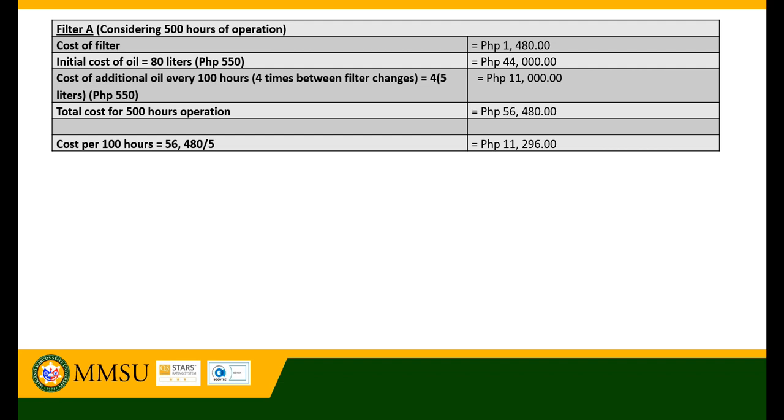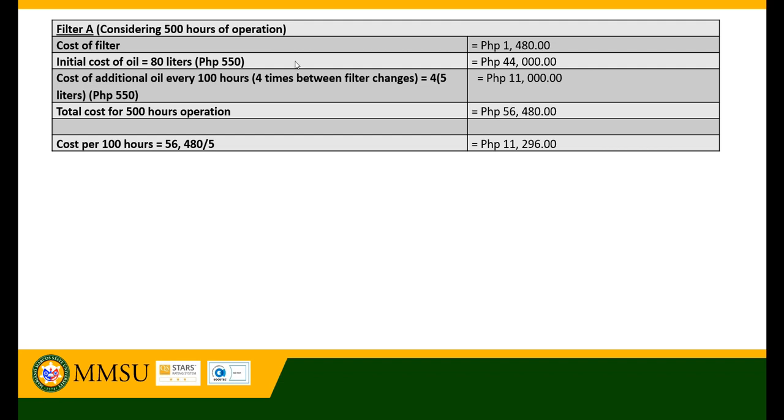Okay. Yung condition. So maybe we can convert that to cost per 100 hours. I-convert na lang natin yan sa cost per 100 hours. Ganon din mamaya later on sa filter B. So whichever is cheaper, then that is the alternative we're going to choose.